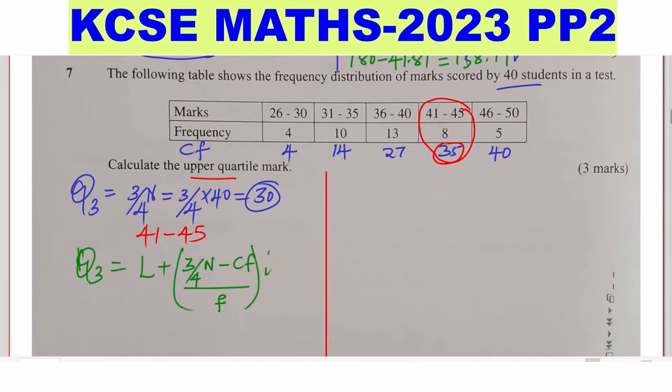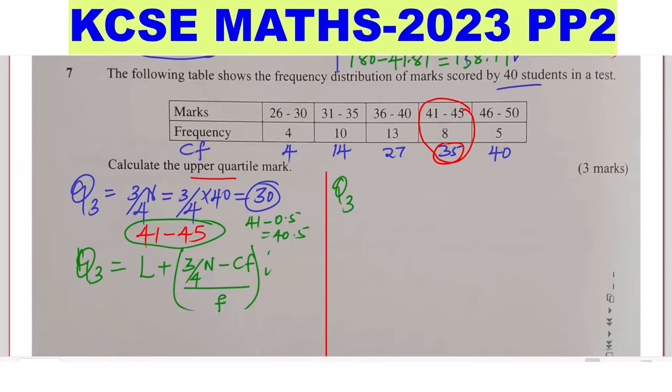L is the lower class boundary of the class where we have identified the upper quartile will be found. The class is this class from 41 to 45. So what is the lower class boundary? You take 41, subtract 0.5, so you get 40.5. So that is L.